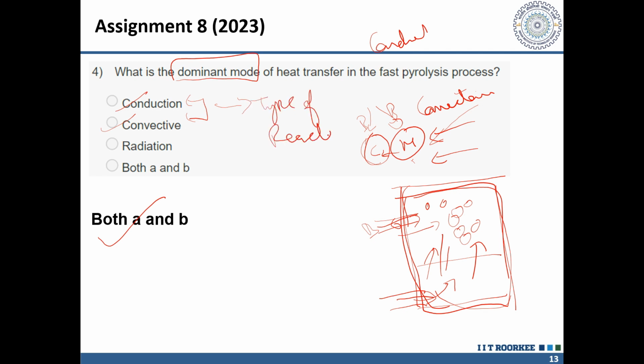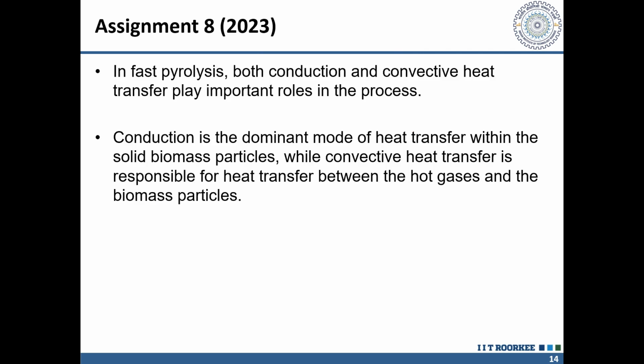So different reactors have different dominant modes. In fast pyrolysis, both conduction and convection heat transfer play important roles. Conduction is dominant heat transfer within the solid biomass, so solid biomass to biomass or from the equipment to biomass, while convective heat transfer is responsible for heat transfer between hot gases and biomass.